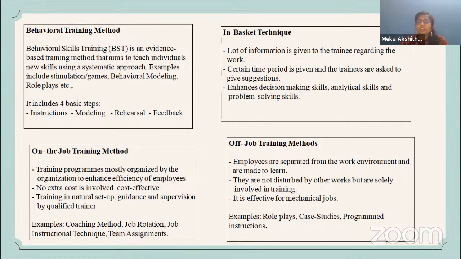So in sensitivity training, what they do is that they would bring all the employees as a group, and they would be giving training on how to treat other employees, how your values and ethics would be affecting the other individual, or how your behavior would be having an effect on the group of people or the other individual who you would be interacting with.